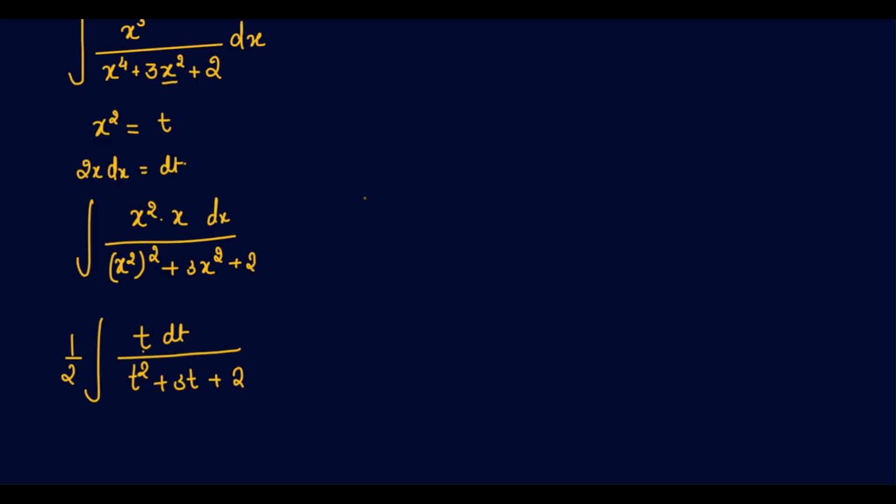Now the question is, how will you write this t over t square plus 3t plus 2 in a simpler expression? We already know that we can write it in this form, that is a over t plus 1 and b over t plus 2.